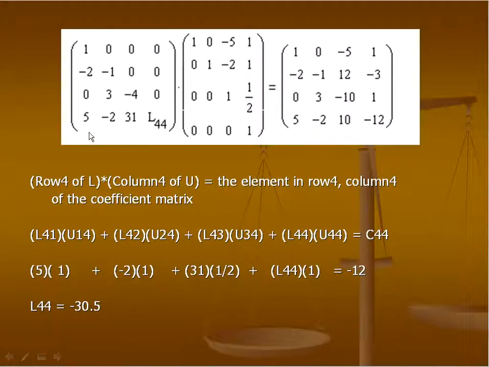And then the very last one, row 4 times column 4 is equal to the item in row 4, column 4. Okay. And that gives us the value for L44. Okay.